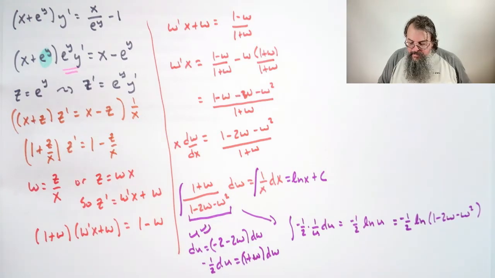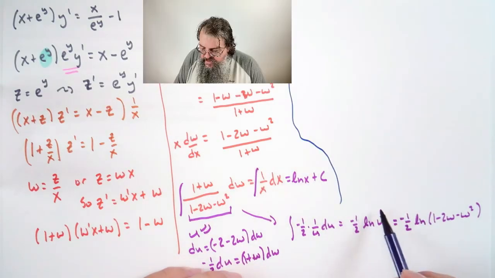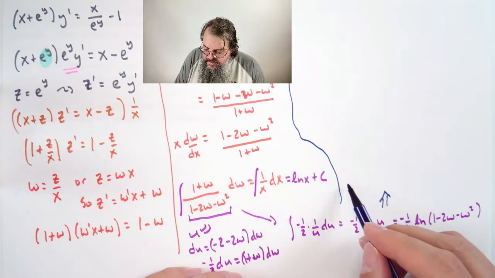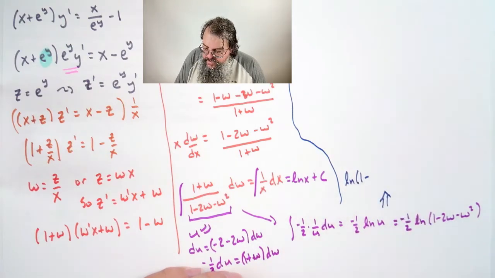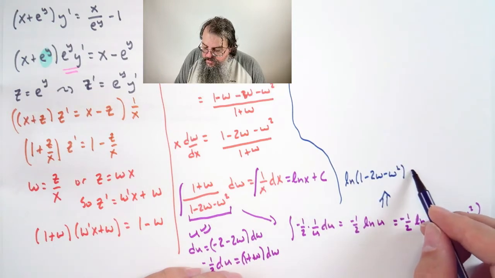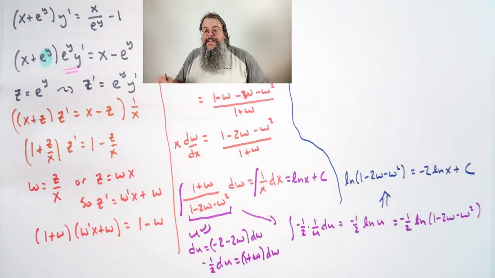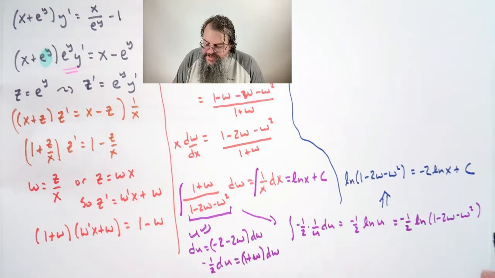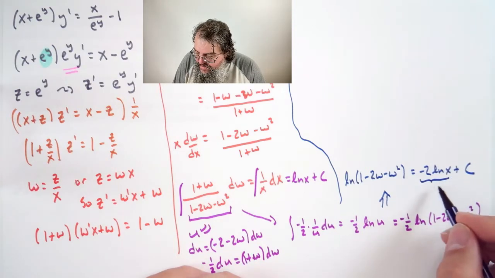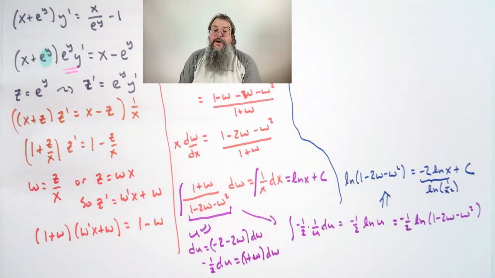So multiplying through by minus 2, we will have log of 1 minus 2w minus w squared equals minus 2 log of x plus c. Well, this of course is the same as log of 1 over x squared, because the minus 2 can come in as a power.